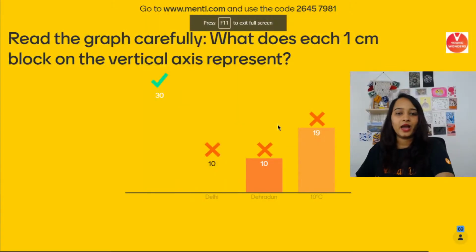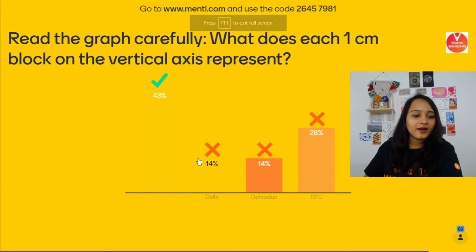I'm changing that answer. It shouldn't be 10 degree. Let me check and change. Okay, I changed it, but I'm not sure if it has changed. Oh yeah, it did. Awesome.